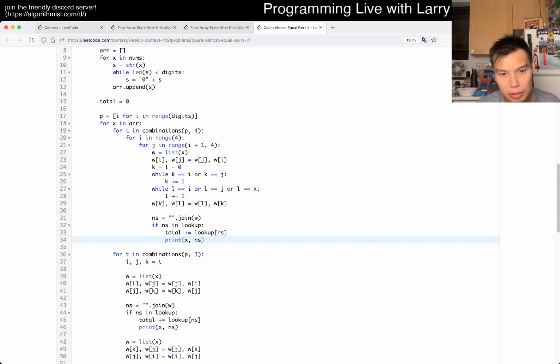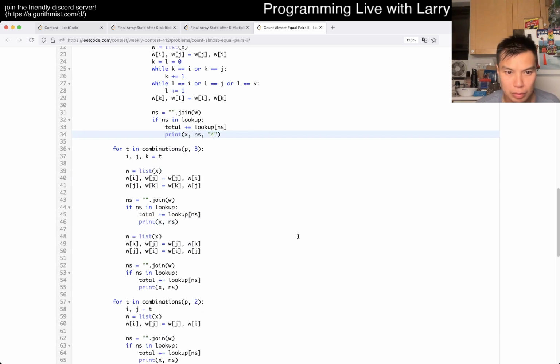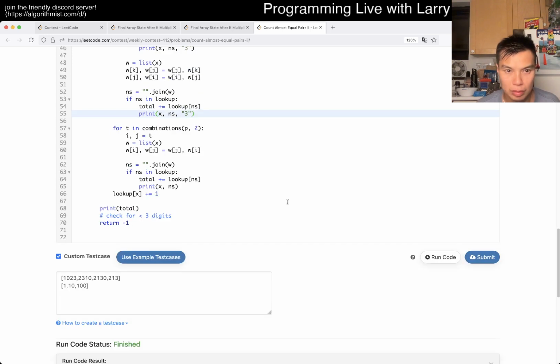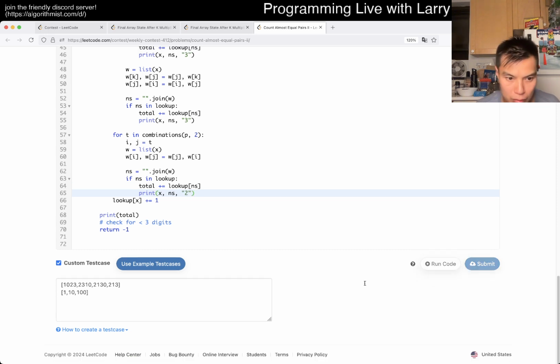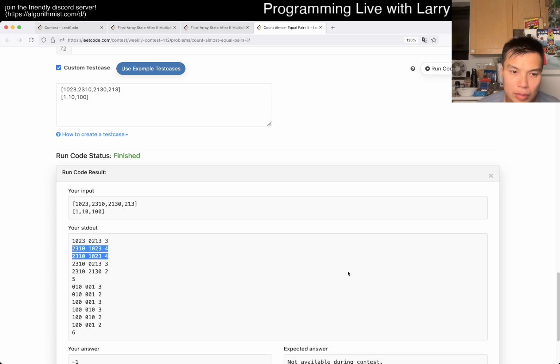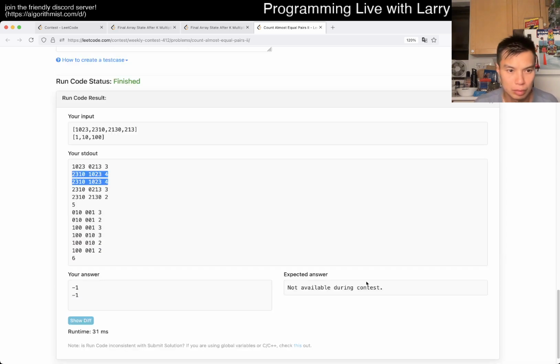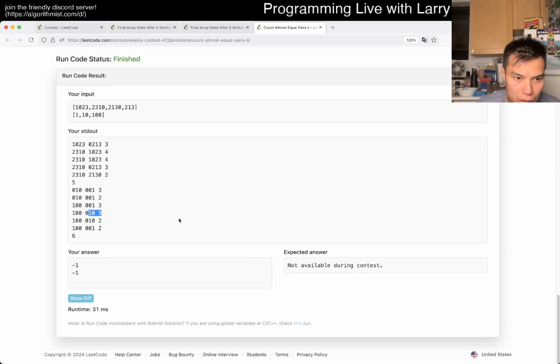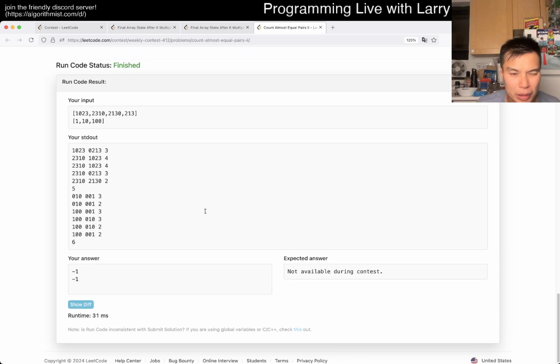Is it on the... Oh. Okay, that's good. Maybe. Well, here the 3s are not good either though. Oh, because of the duplicate digits.